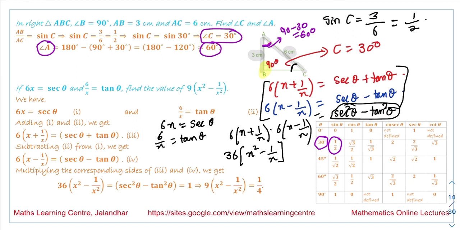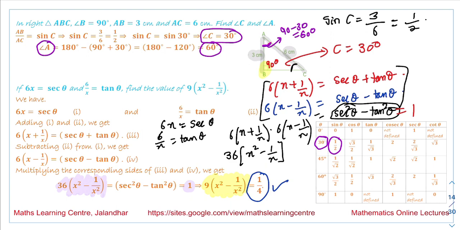This is the identity that we have already studied and its value is equal to 1. So what we get is that 36 times x square minus 1 by x square is equal to 1. We want to calculate the value of 9 times x square minus 1 by x square, and this value comes out to be 1 by 4.